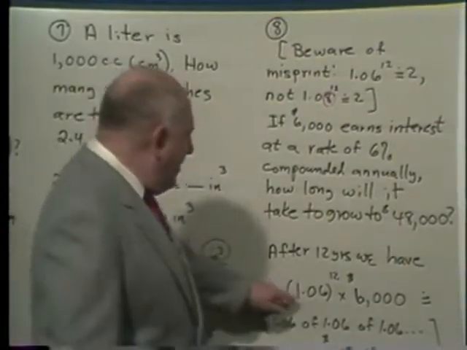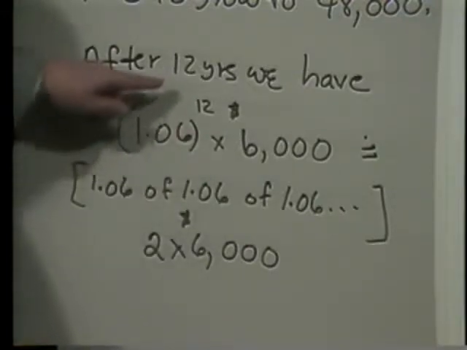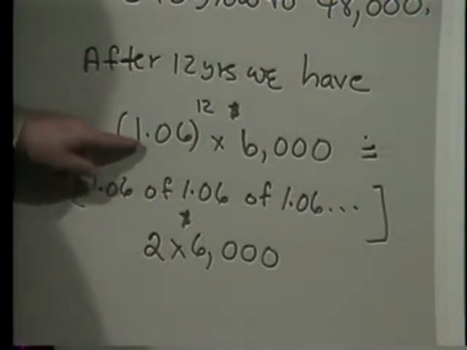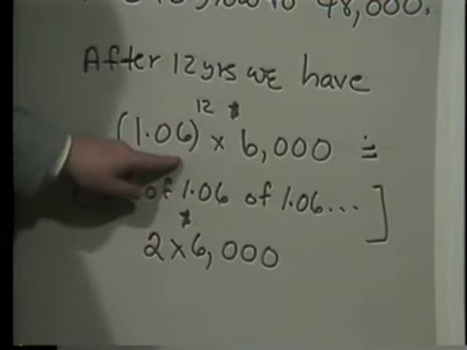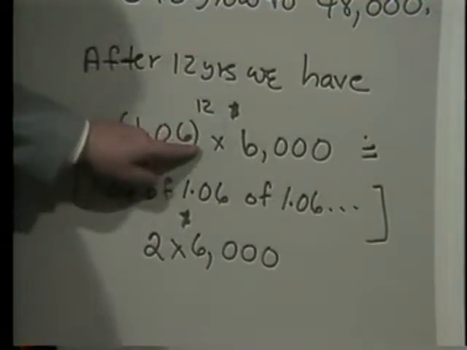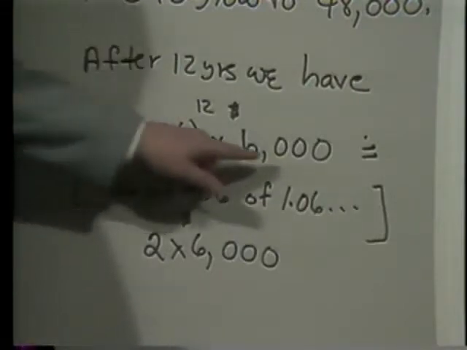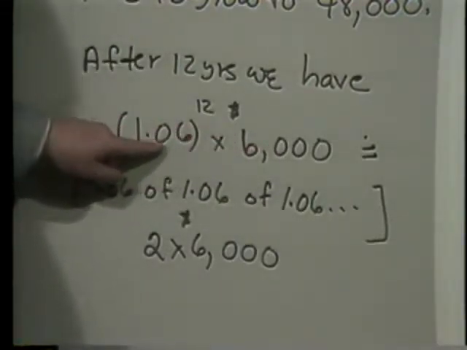In other words, every year, you're taking 1.06 one more time. So you see, after 12 years, the 6,000 will be what? 1.06 to the 12th power times 6,000. Okay? And by the way, if you have the y to the x calculator, this is a very easy problem to do.